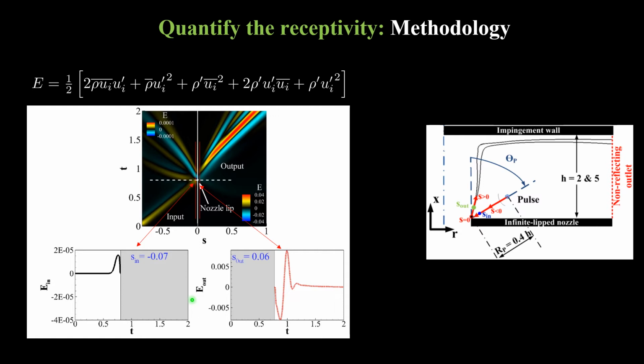In this study, we are interested in receptivity. Hence, sampling locations need to be close to the nozzle lip. Then we sample the data as input and output time signals at these two locations, shown here as an example.